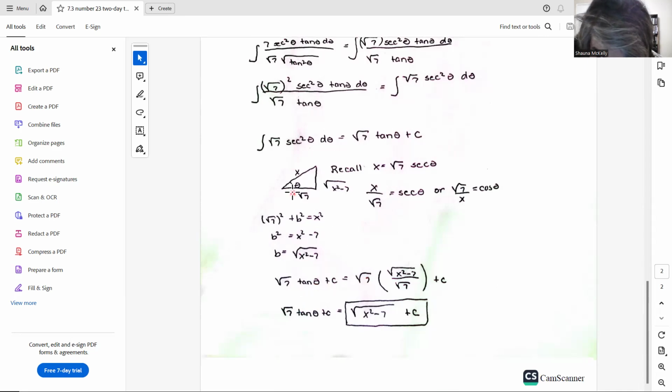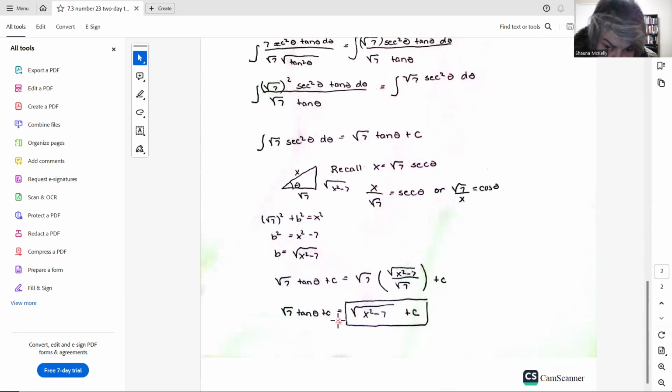The tangent of theta is opposite over adjacent. So square root of x squared minus 7 over the square root of 7 plus a constant. The square root of 7 that was already there cancels with the one underneath it, and you get square root of 7 tangent theta equals the square root of x squared minus 7 plus a constant.